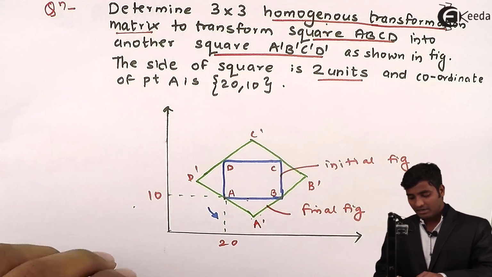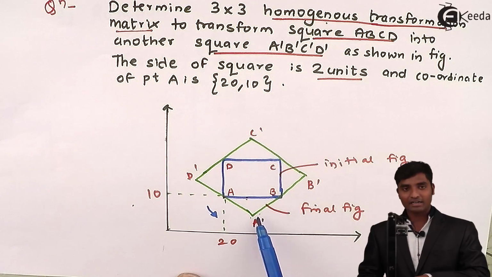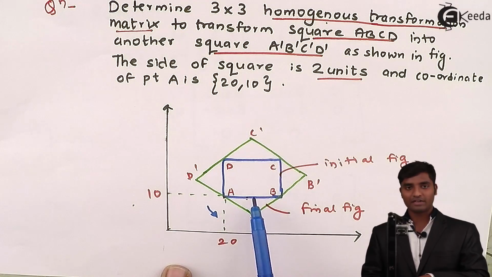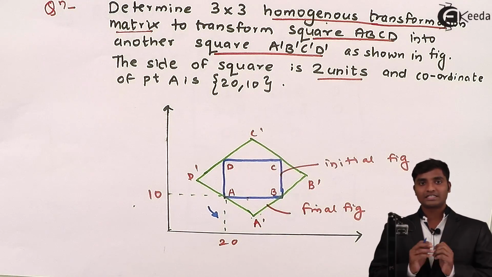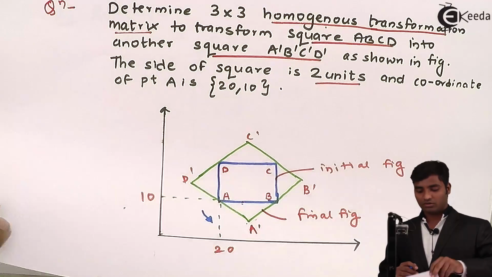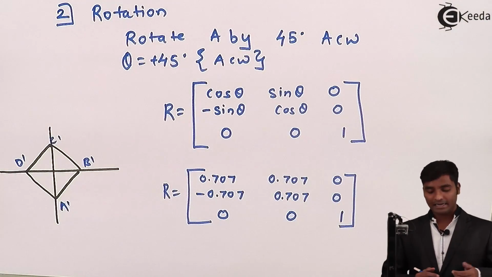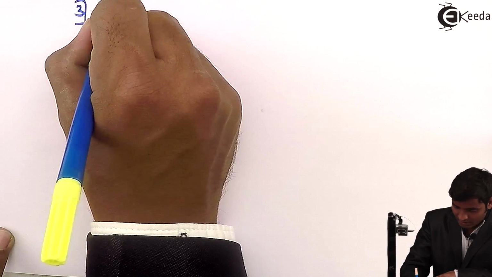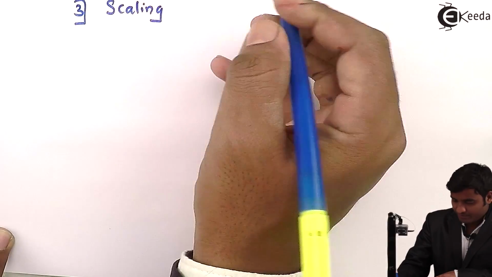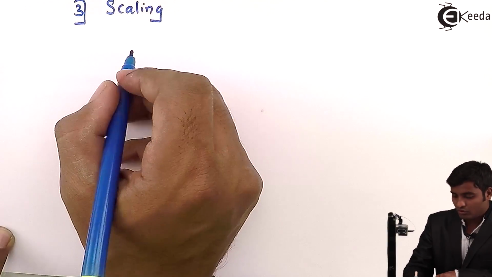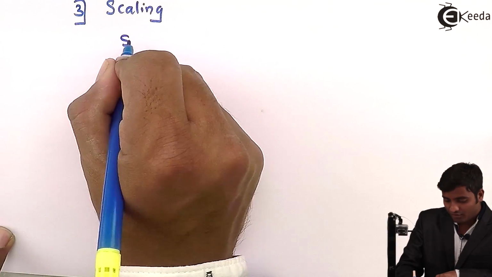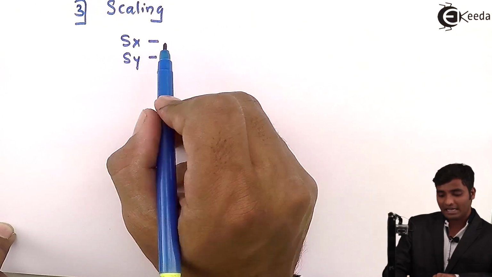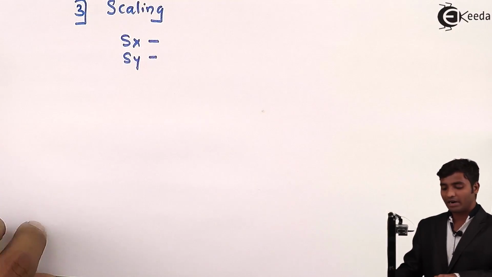Now you can see the final figure is somewhat bigger than the initial figure, which means we have to perform a scaling transformation. So the next transformation, the third, is scaling. For scaling we will require the values of Sx and Sy, where Sx is scaling along the x direction and Sy is scaling along the y direction.